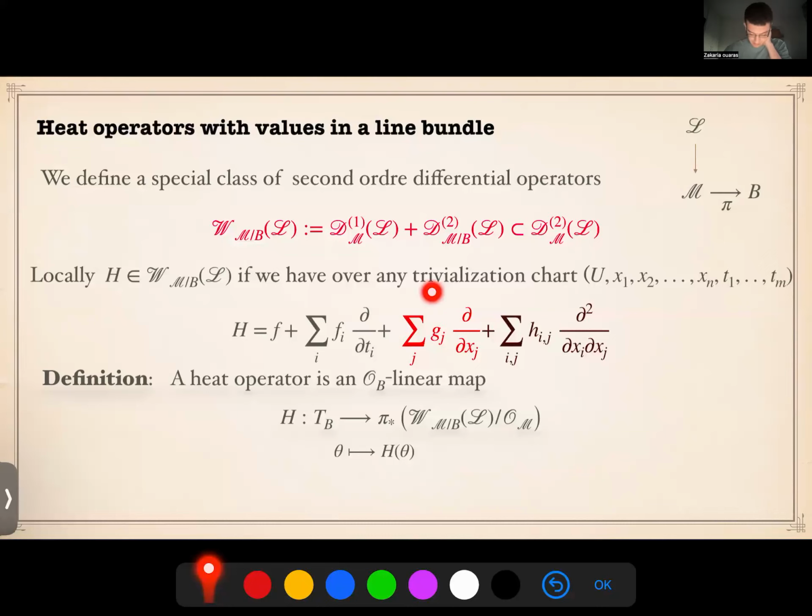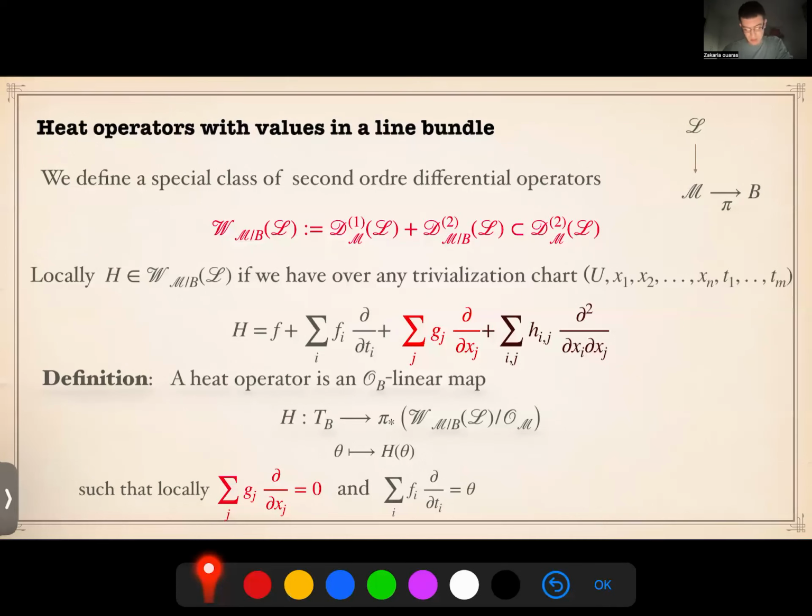You need to ask that the degree 1 part depends only on the horizontal coordinates, and also that the part that depends on the horizontal coordinates is exactly theta. So it's exactly the lift of your vector field theta. There is a sheaf version of these two conditions, but I will not write it here.